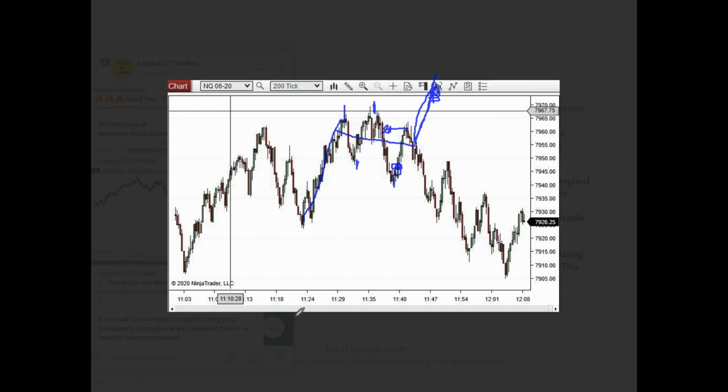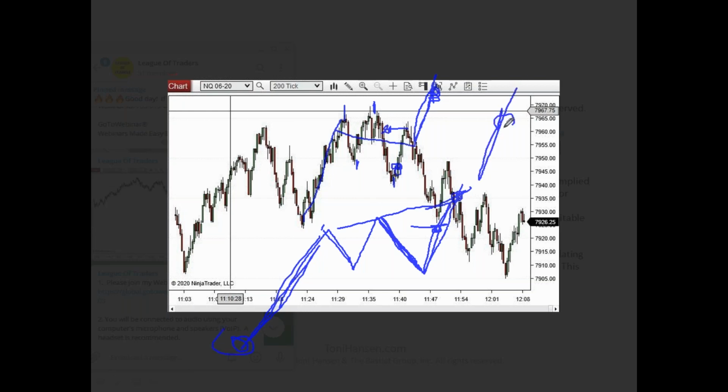So when we're looking at megaphones as a continuation pattern, our first main resistance level to watch for is when it gets about to that 2/3 or so of the way back up. The next one is when it comes up to the upper channel. And then the next one is a measure move here and here.